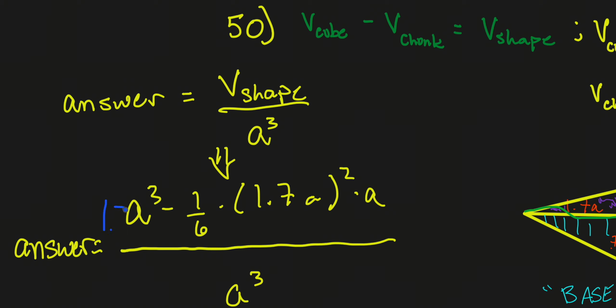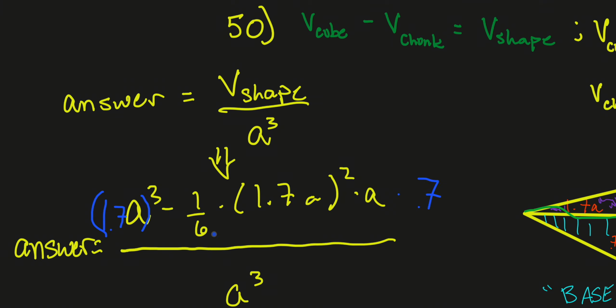I am sorry, I got a little arrogant and thought I remembered the exact question, because they tend to ask it usually in terms of the side length cubed, not a cubed. And usually that side length cubed is just that number. So anyways, it's going to be 1.7a quantity cubed minus the volume of that chunk, 1/6 times 1.7a quantity squared times a times 0.7.